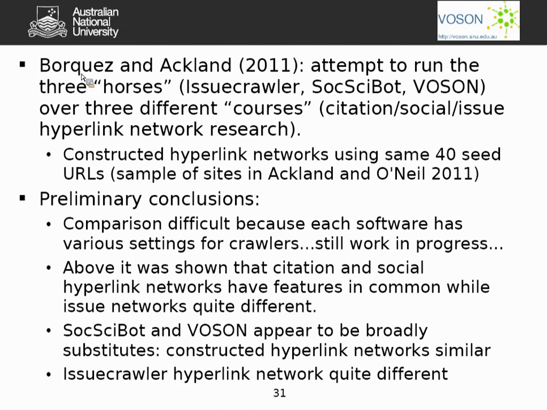Issue networks were a bit out on the side compared to those other two. And in the same way, we found with our initial work that the networks we constructed using VOSON and SocSciBot looked more or less similar. They were quite similar.